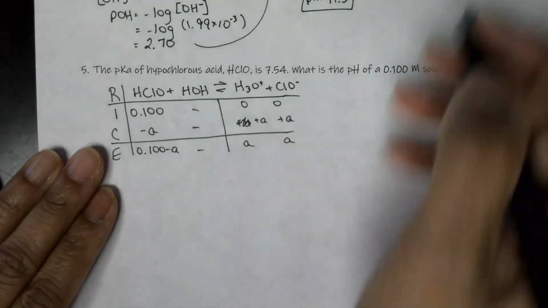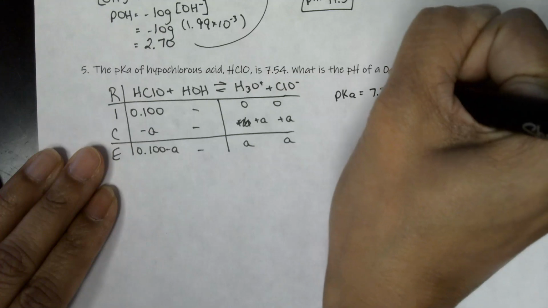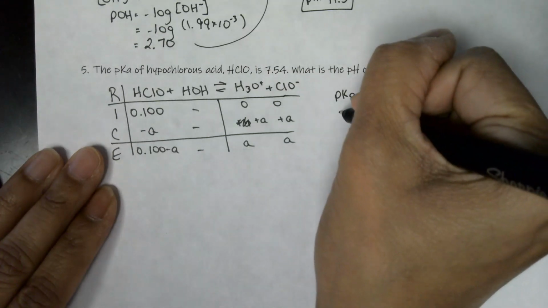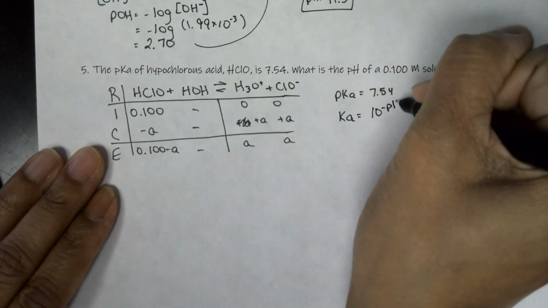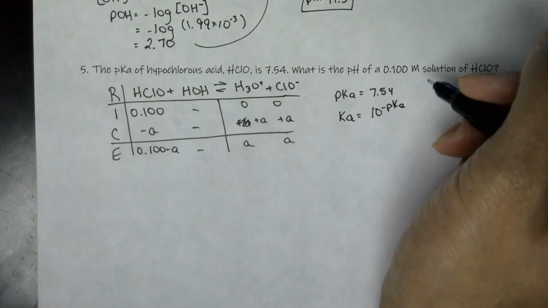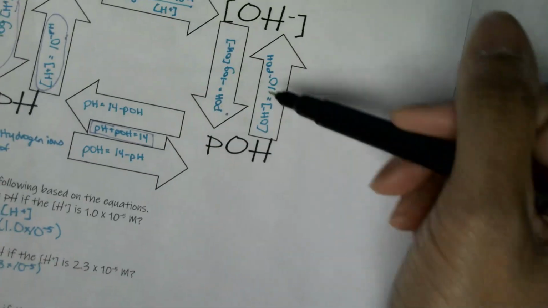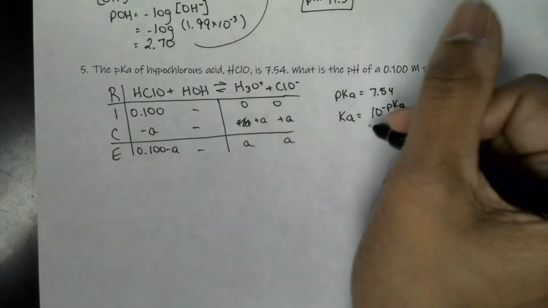So I have here that the pKa is 7.54. I can't put pKa in, but I can put Ka in. So my Ka is equal to 10 to the negative pKa. And again, I'm just using the same relationships as from pOH to OH or pH to H+. Same type of relationship.